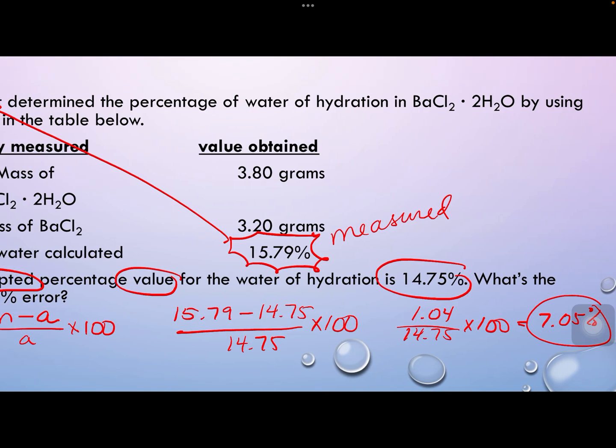Something to make note of: in both of the examples that I just did, in the subtraction problem, it just so happened that the first number was larger than the second number, so this numerator was positive. That means our answer ended up being positive. If you had a smaller measured value and a larger accepted value, the numerator would be negative, and that would make your percentage negative.